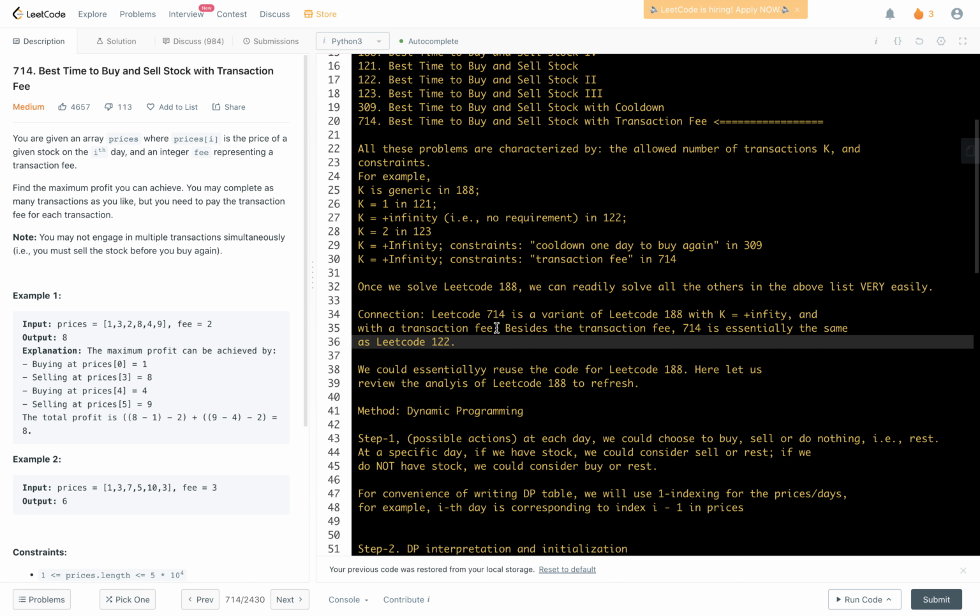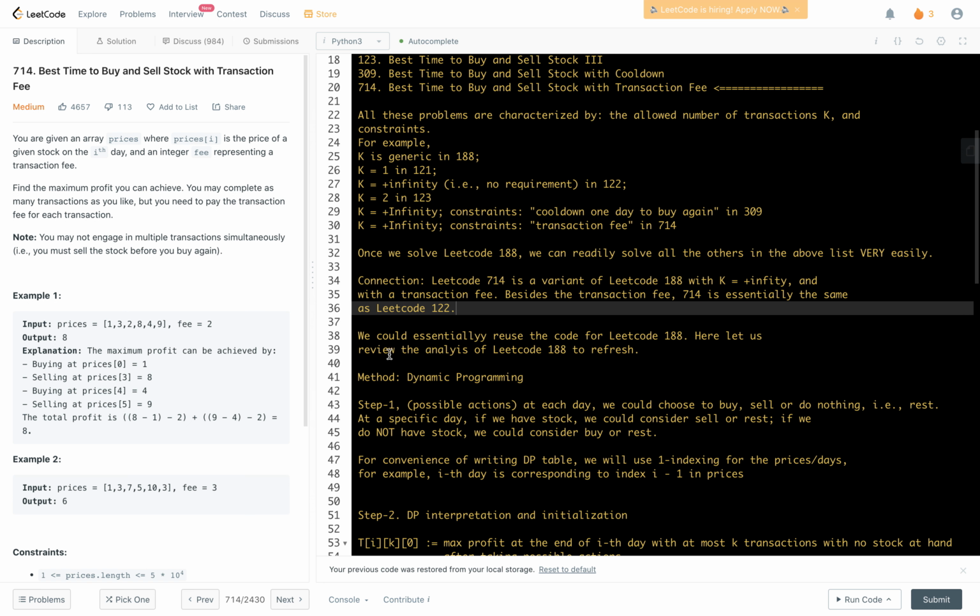This problem is a variant of Leetcode 188 with K being positive infinity and with a transaction fee. If we want to solve this problem as an isolated problem, besides the transaction fee, it is essentially the same as Leetcode 122. So we could also reuse the code for Leetcode 188.